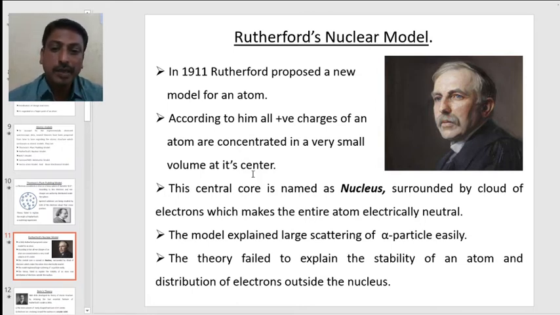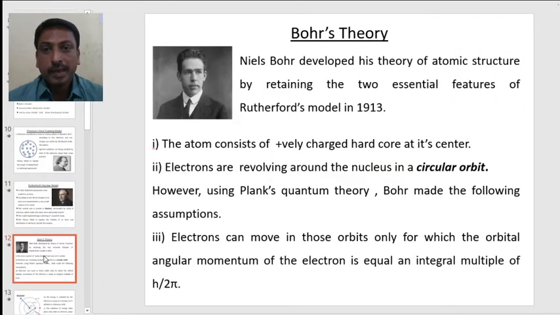His model successfully explained the large scattering of alpha particles very easily, but the theory failed to explain the stability of an atom and the distribution of electrons outside the nucleus. Later, his student Niels Bohr developed his theory of atomic structure in 1913 by retaining the two essential features of Rutherford's model.